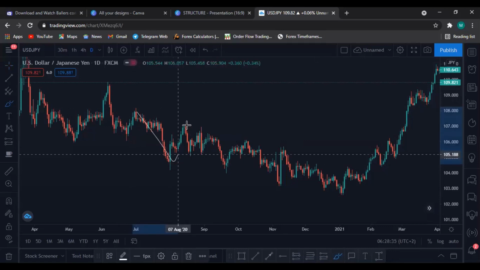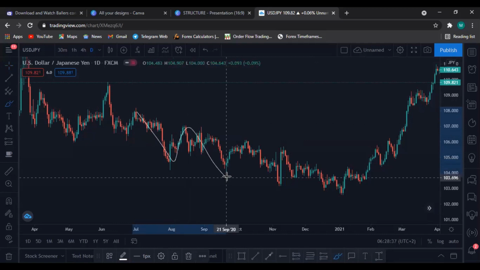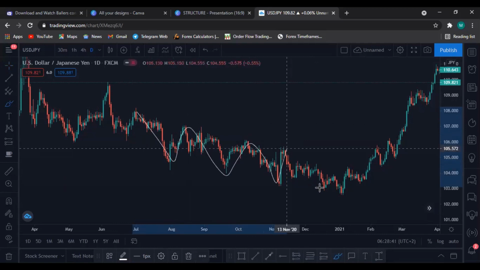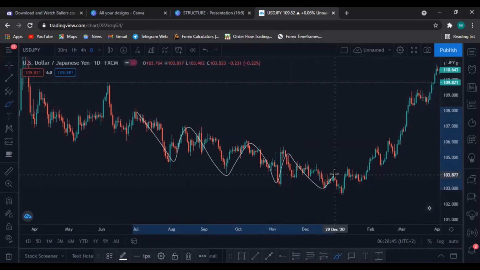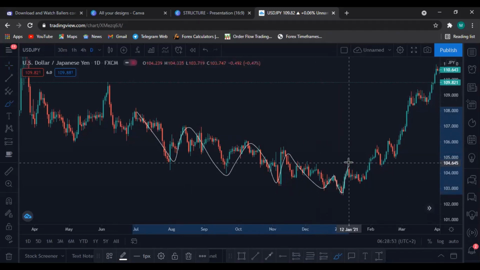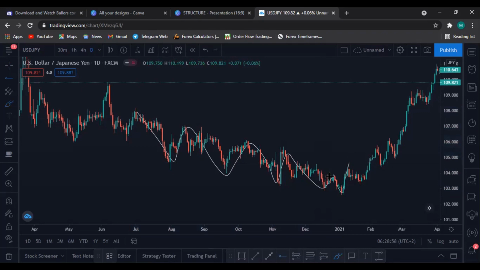So we have the trend moving in this manner, forming lower lows, lower highs, lower lows, lower highs, lower lows. There's another local lower high there and another lower low. And then we get to this stage. When we get to this stage, you realize that the most recent lower high was at this point, and we just broke it.